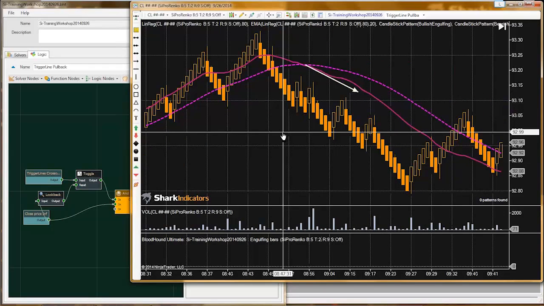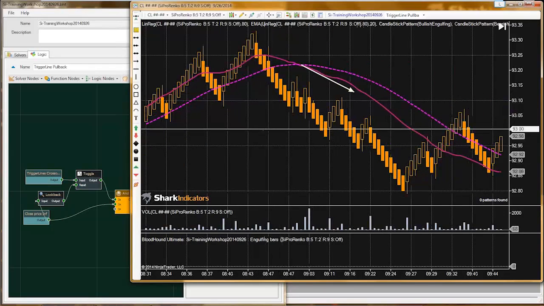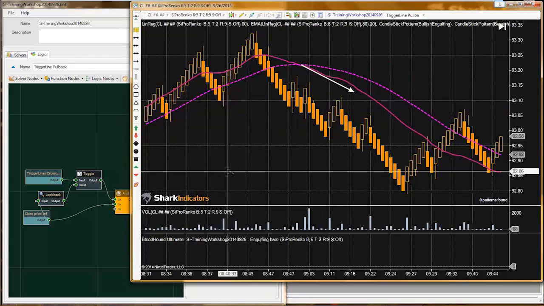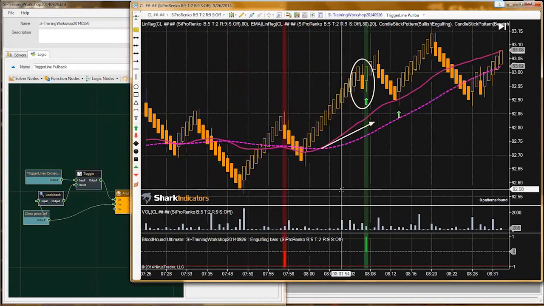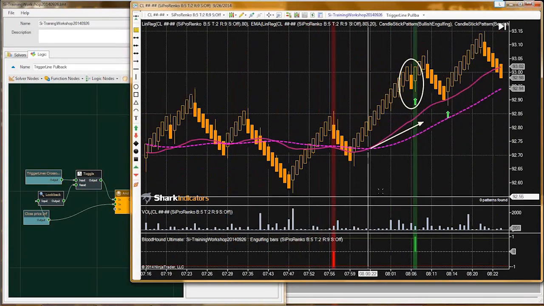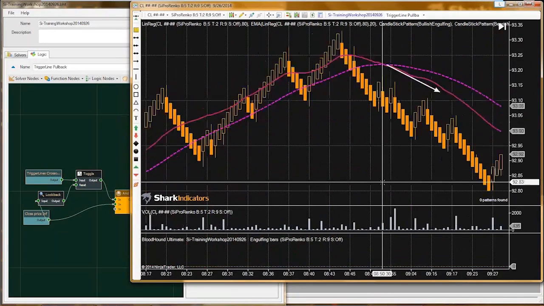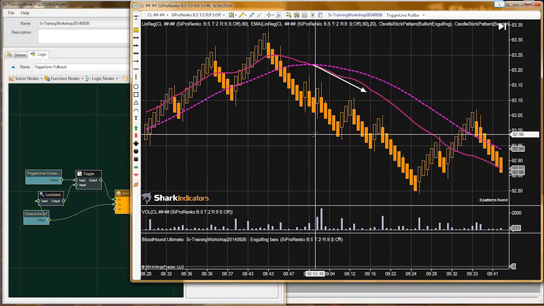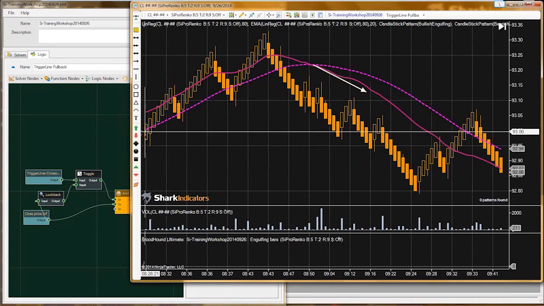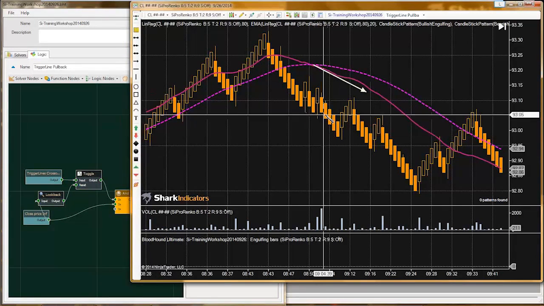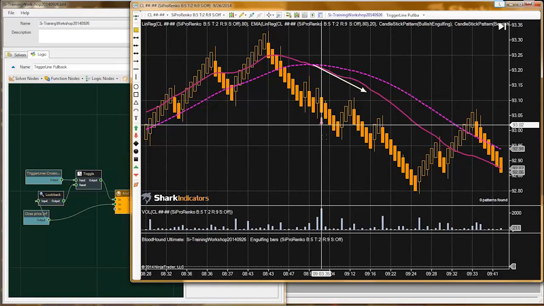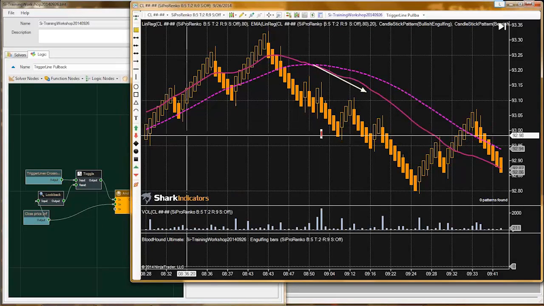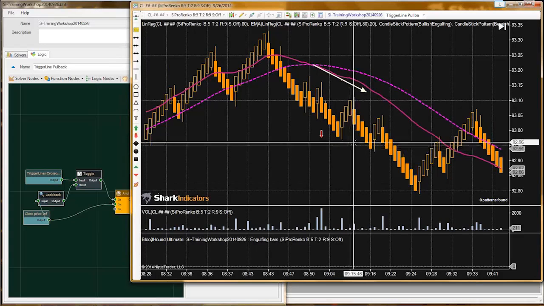And now let's take a look at the downtrend. What's going on here? Yeah, now I would expect to see a short signal either there or a short signal here.